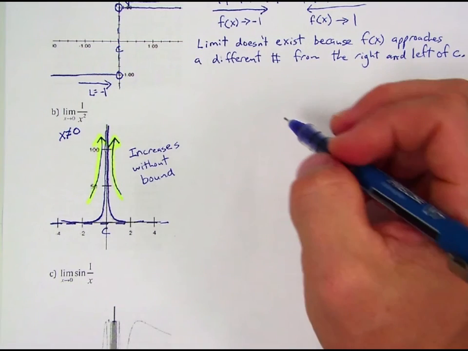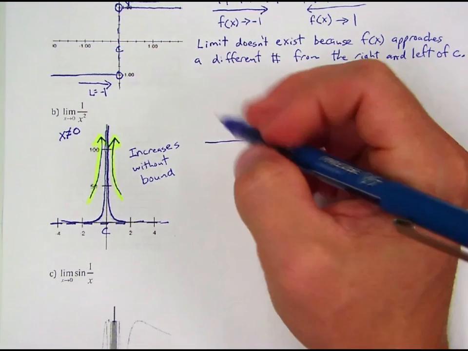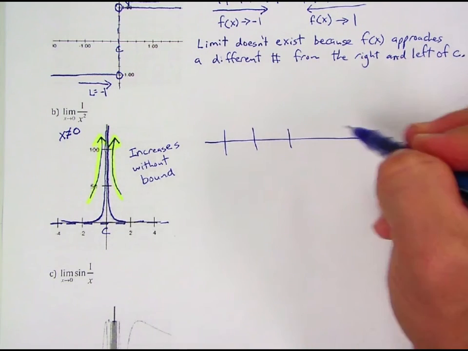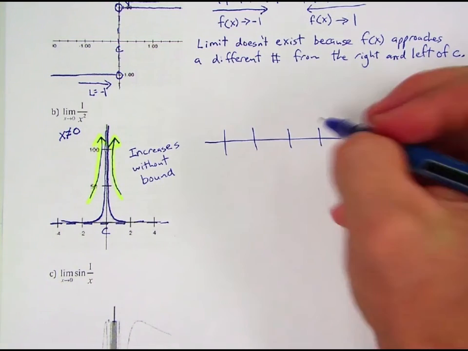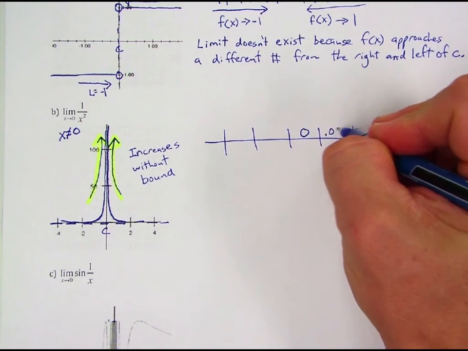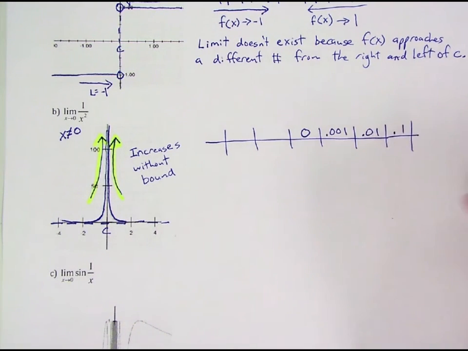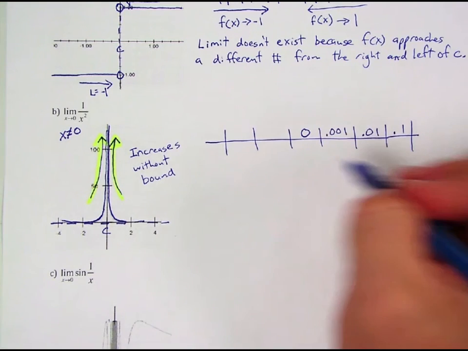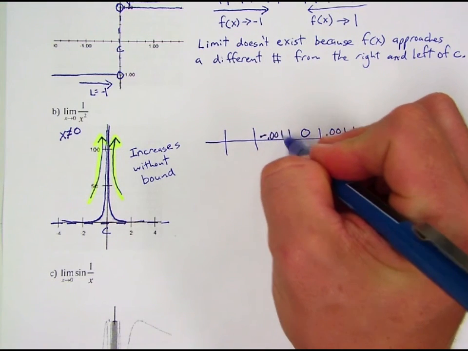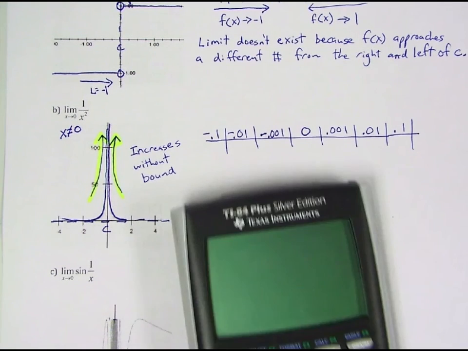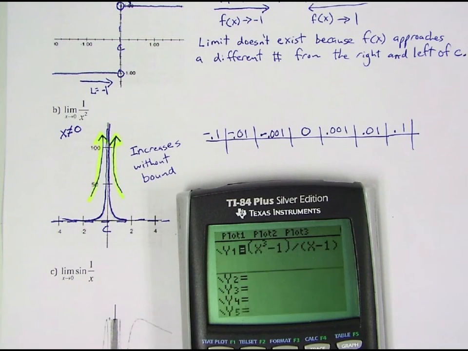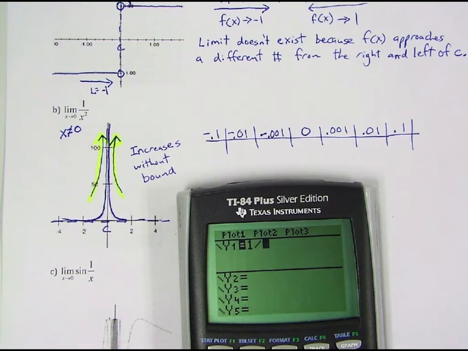Let's go ahead and show this numerically as well. We'll put 0 here in the middle. And just standard, I usually use these. And again, we can use our table of values if we're not good with using these numbers here. So 1 divided by x squared.